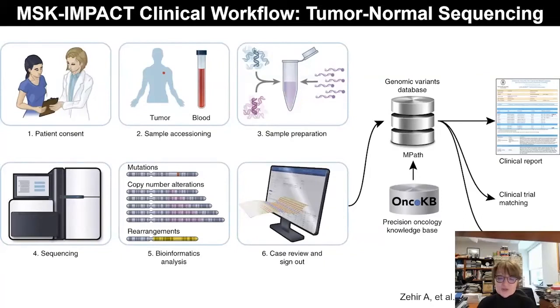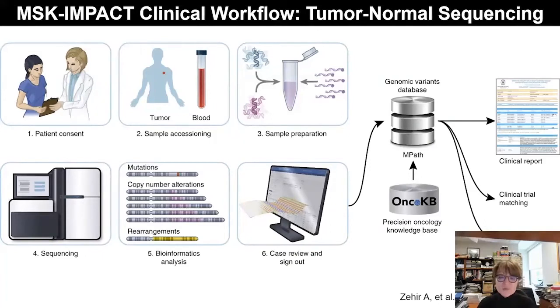So only patients that are being seen at Memorial by a Memorial physician are able to be consented and get this test done. After the consent, we need tissue from the tumor as well as a blood sample. These are accessioned separately in our system, and then DNA is extracted from both the tumor and the normal blood.